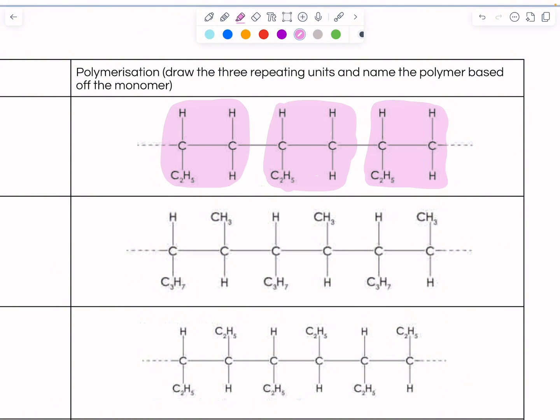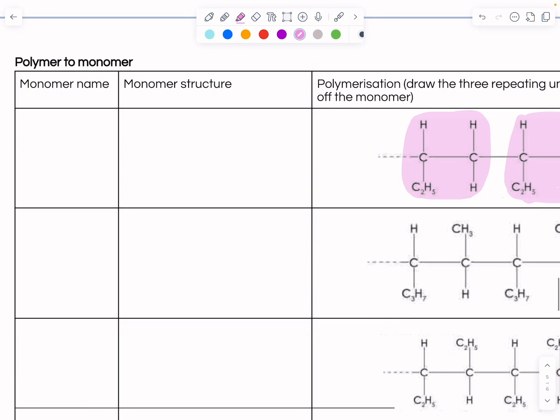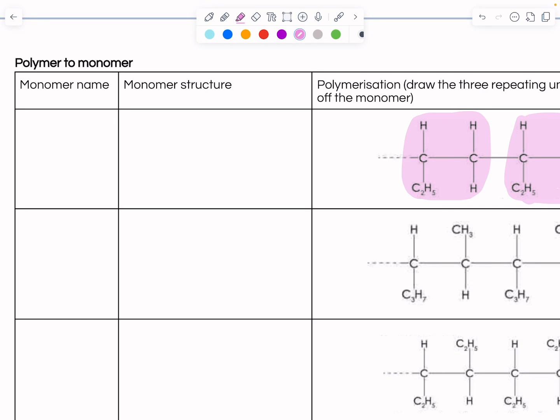All right, now that we've identified what a monomer could look like, let's go ahead and redraw that over here. Nice. Okay, so we've got this.